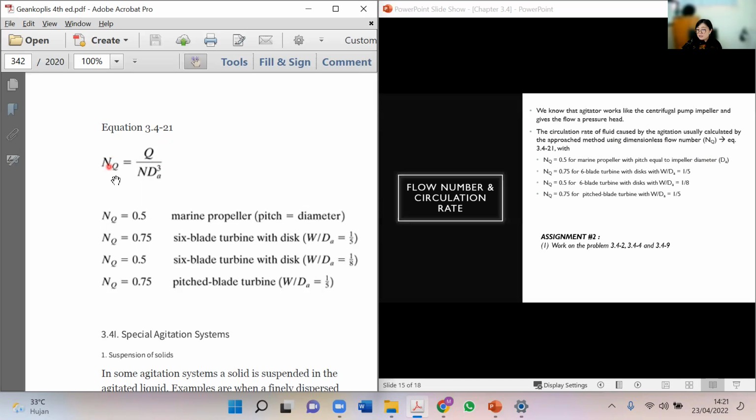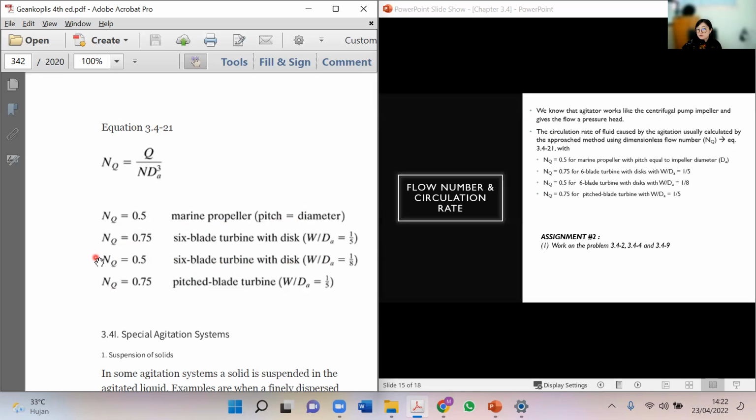Now the NQ itself equals 0.5 for the marine propeller when its pitch equals its diameter. And NQ will also equal 0.5 if we use the impeller of a 6-blade turbine with disk, when its W over the A ratio equals 1/8.